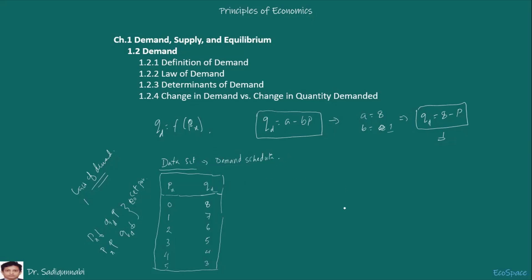Okay, all right. And can you convert this into a graph? So this is our P axis and this is our QD axis.